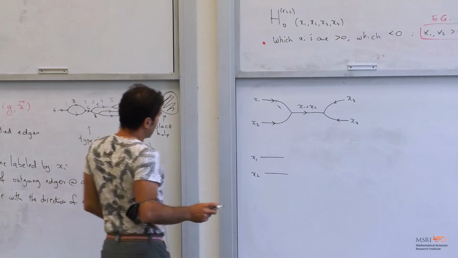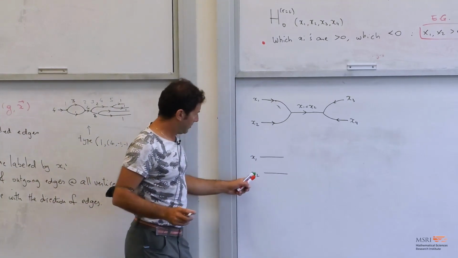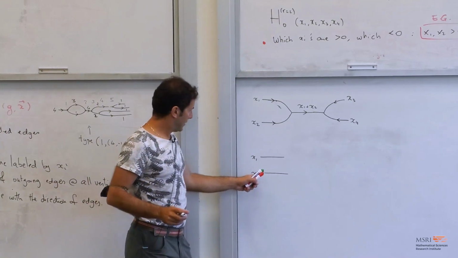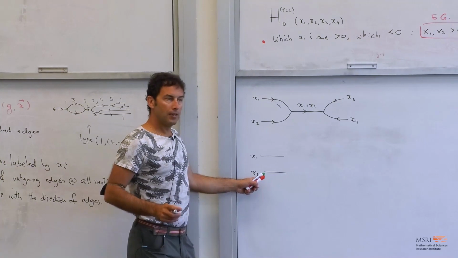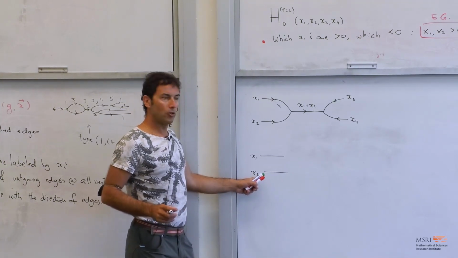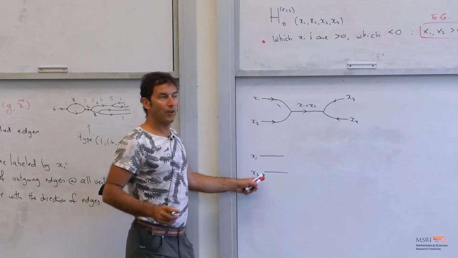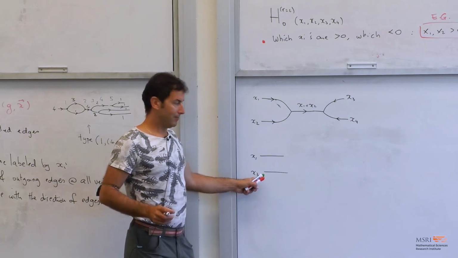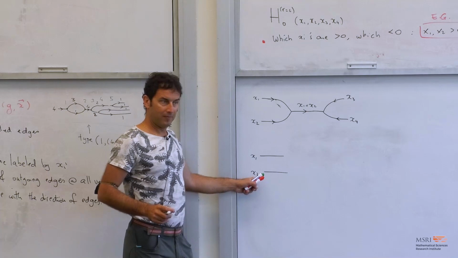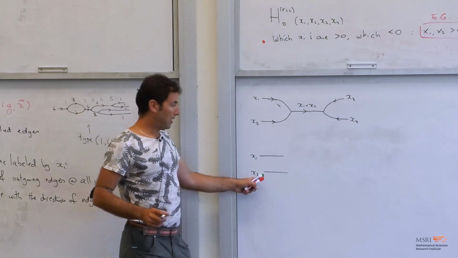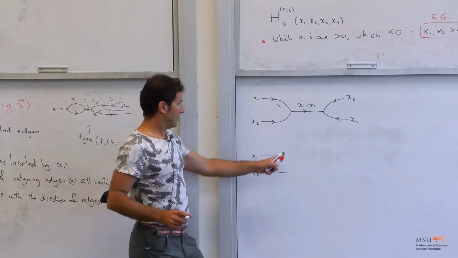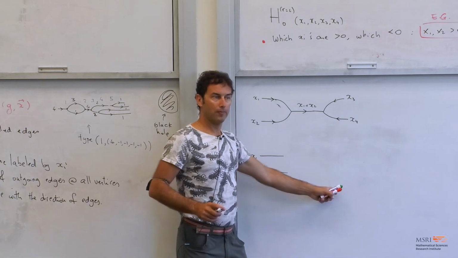And let's imagine for a second, right, that this x2 right here is very, very tiny, right? By which I mean much smaller than either x3 or x4.